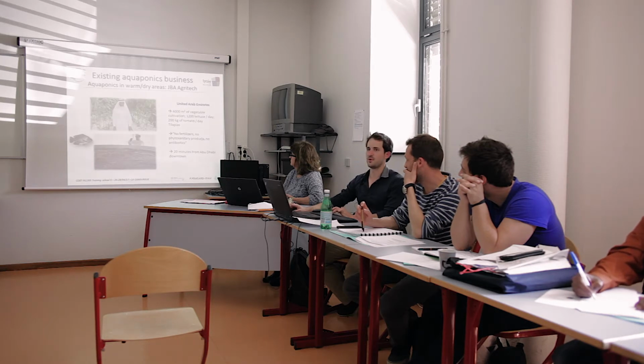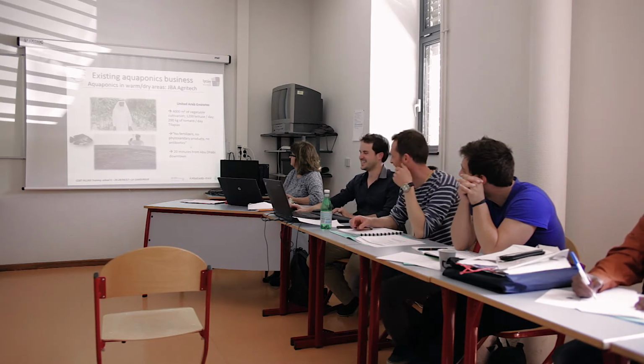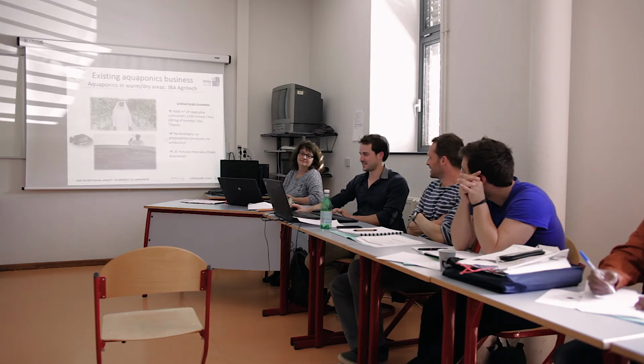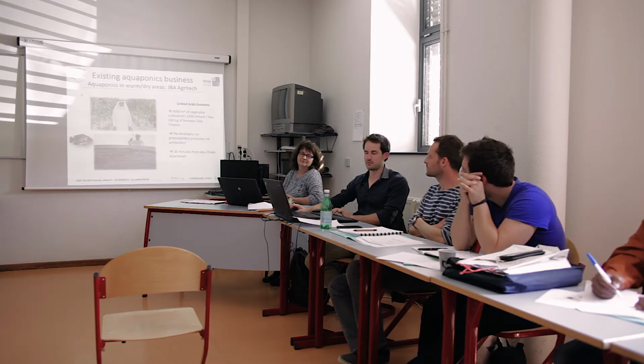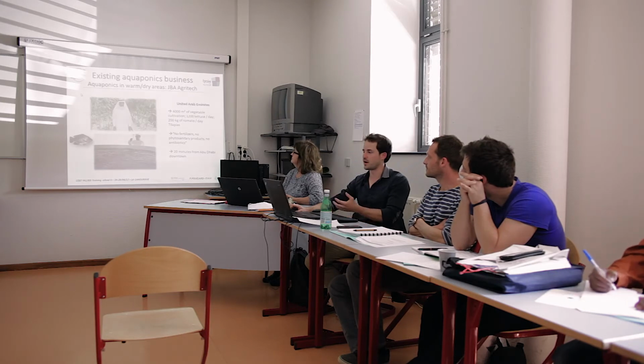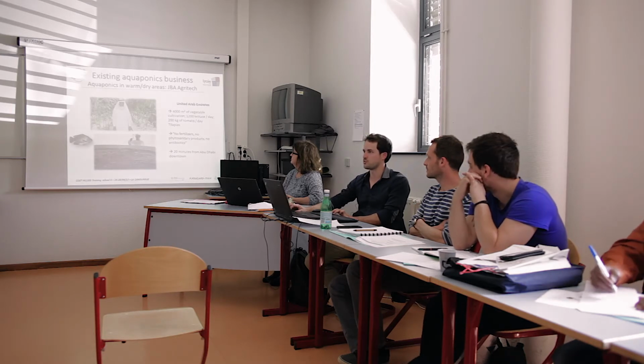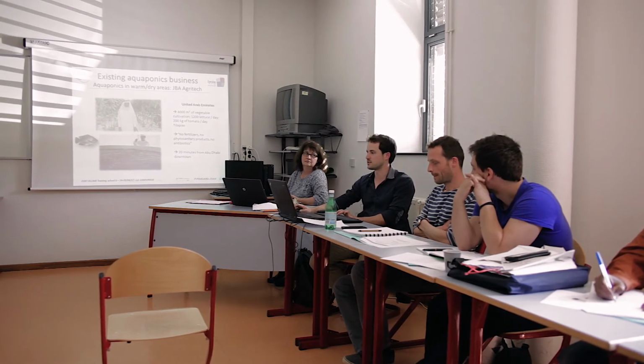It's written on the website, but I don't really know, we didn't check. But it's in an urban environment and in a very dry and warm area. So it's interesting to see that you can do aquaponics quite everywhere in the world, even in a desertic region.